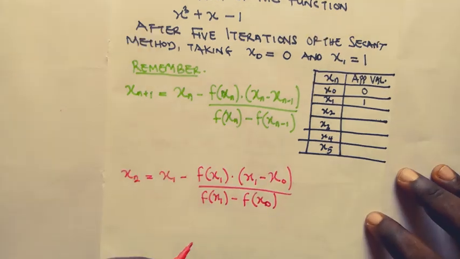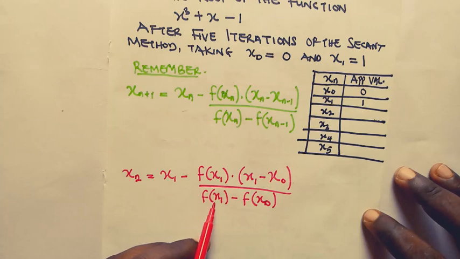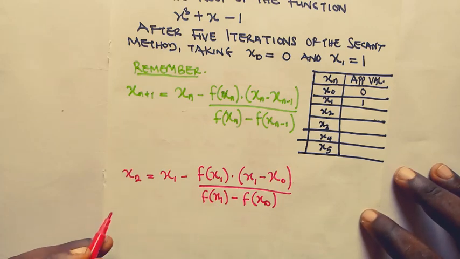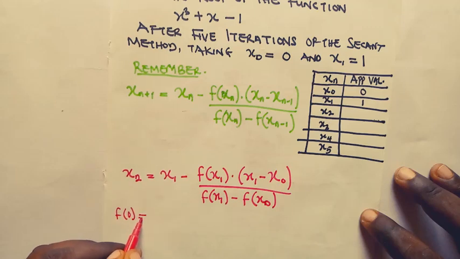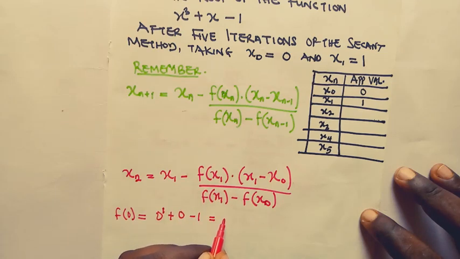So the first thing I need to find is the value of f of x1 and f of x0. So I'll quickly do that. f of x0 is going to be 0 cubed plus 0 minus 1, and that basically gives me minus 1.